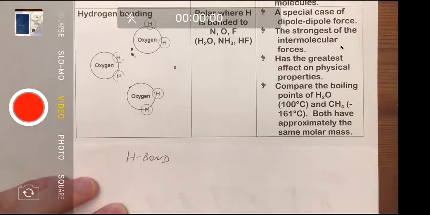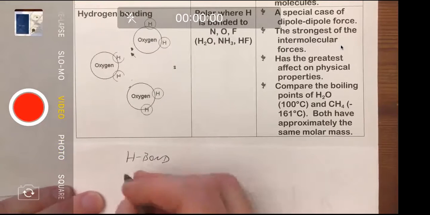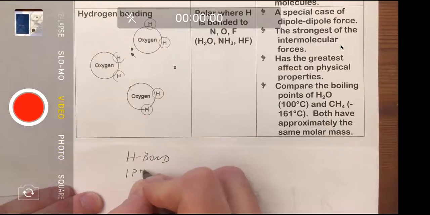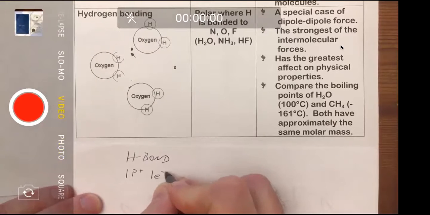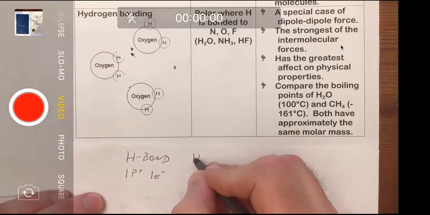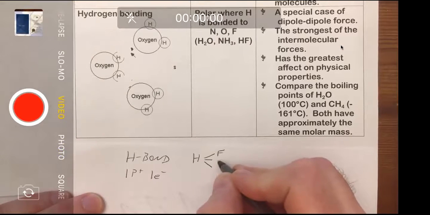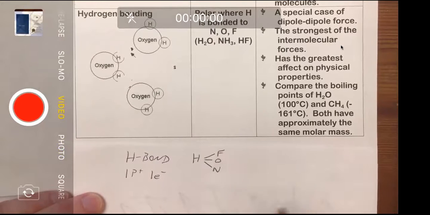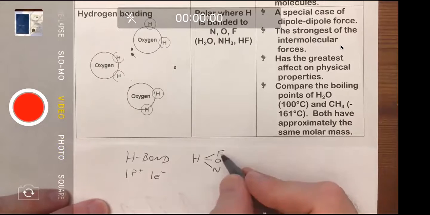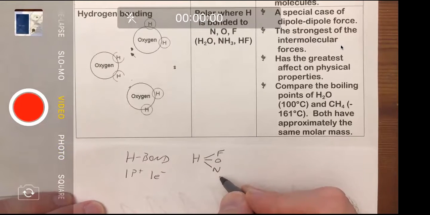And the hydrogen bond is special, right? Hydrogen, if you go back and think about it, is one proton and one electron. And if we think about hydrogen attached to these three elements, fluorine, oxygen, nitrogen, they are the most electronegative elements in the periodic table.